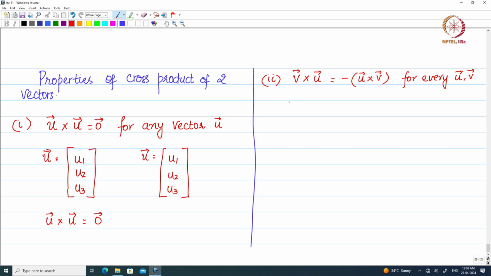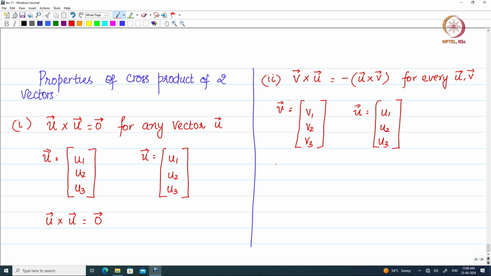This is also something easy to see. We can look at the vector v to be, let us say, v1, v2, v3, and the u vector is nothing but u1, u2, u3.